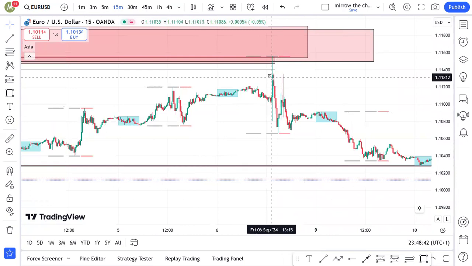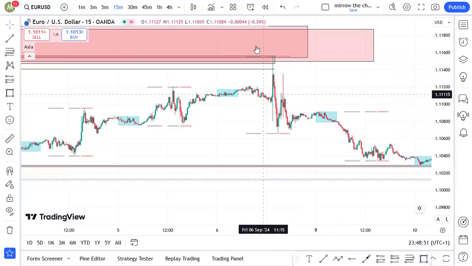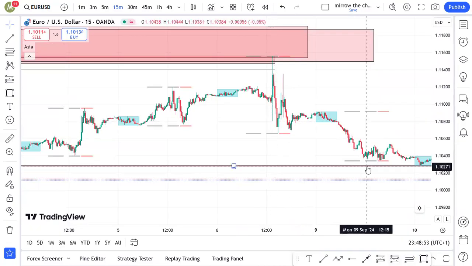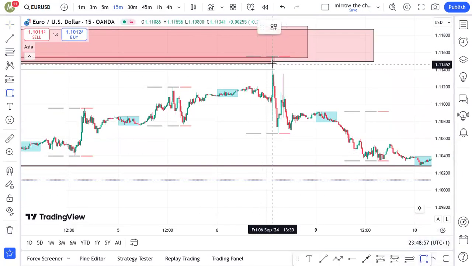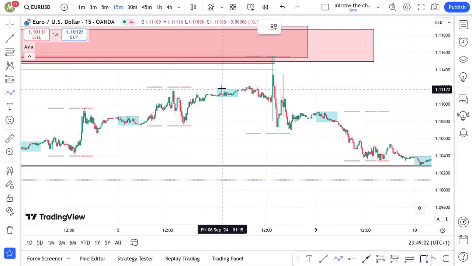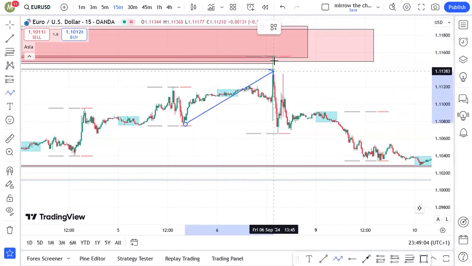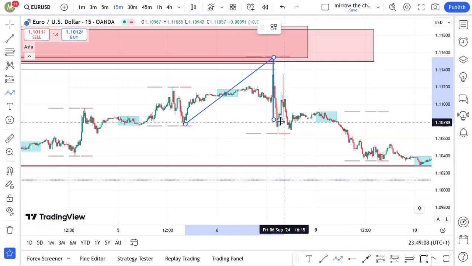As you go down to 15 minutes, you see how price tapped into that area and broke this guy. Price tapped into that area, came down here, and broke this guy.